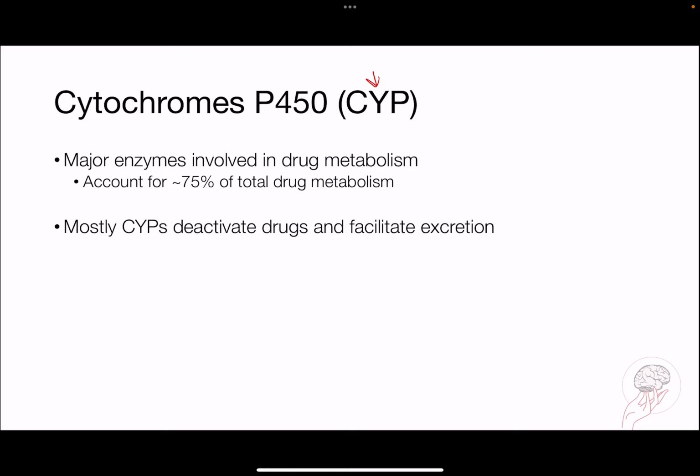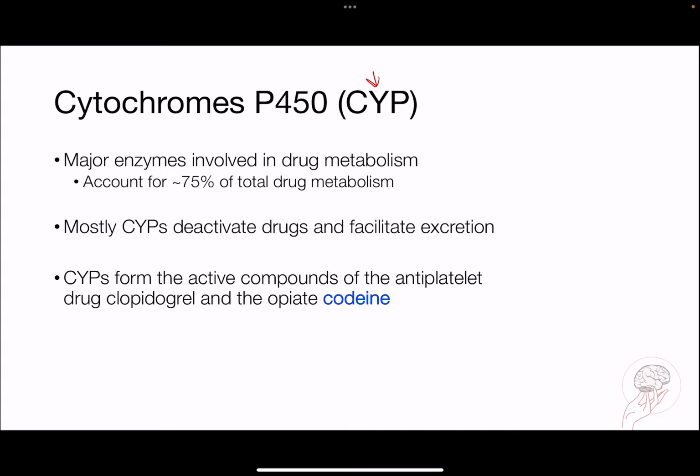Mostly. There are CYPs that can activate drugs. CYPs form the active compounds of the antiplatelet drug clopidogrel and the opiate codeine. So they mostly deactivate, but some do activate.